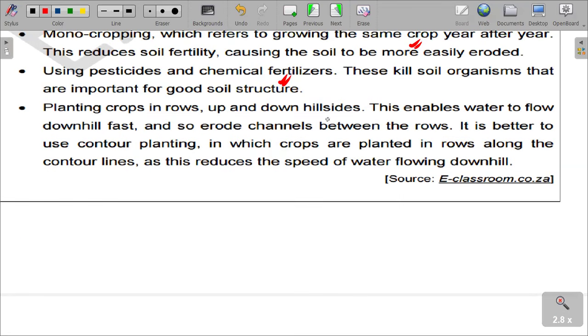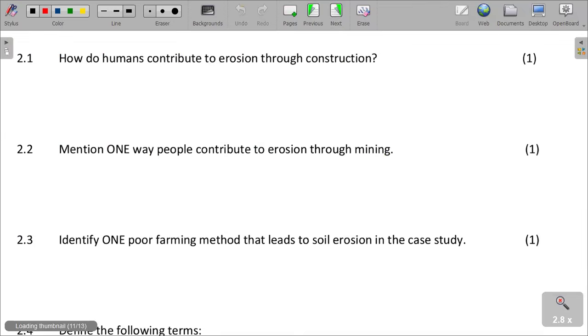Planting crops in rows up and down hills enables water to flow downhill fast, so it erodes channels between the furrows, the rows. It is better to use contour planting, in which crops are planted in rows along the contour lines, as this reduces the speed of water flowing downhill, which we call surface runoff.